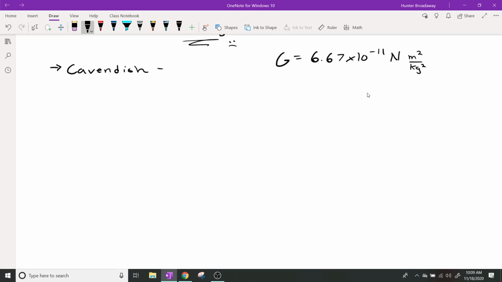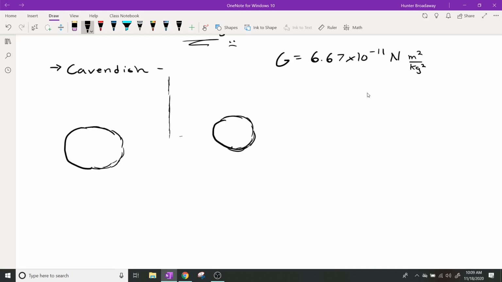And here's what he did: he took a really, really big mass, very large, several kilograms. Then he took a different mass of the same size on the other side, and he used a string that holds a stick.